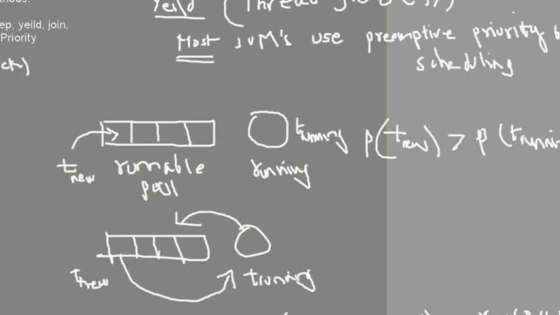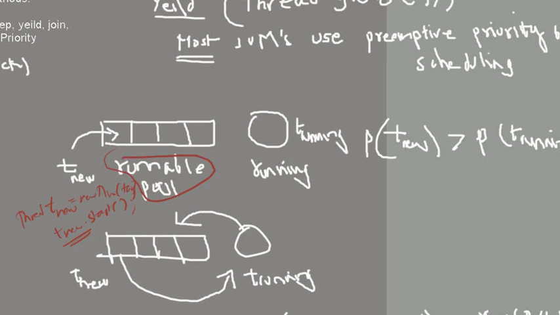That's like saying t_new has been created, t_new is a new thread of a target, and then you said t_new.start(). So when you said that, t_new has been moved to the runnable pool.